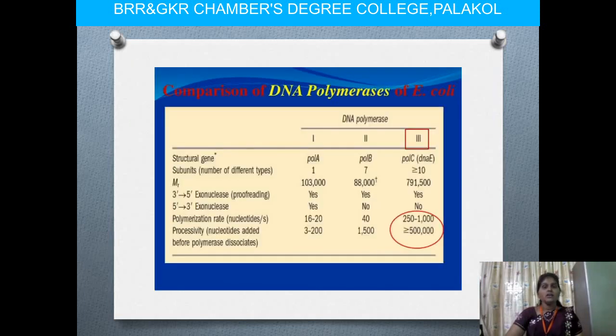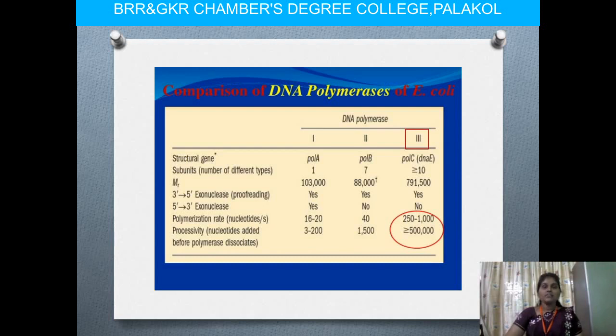So here we have different types of organisms which have different types of DNA polymerases. We can separate different characteristics, and in eukaryotes and prokaryotes we have different polymerase activities and different types of subunits also.